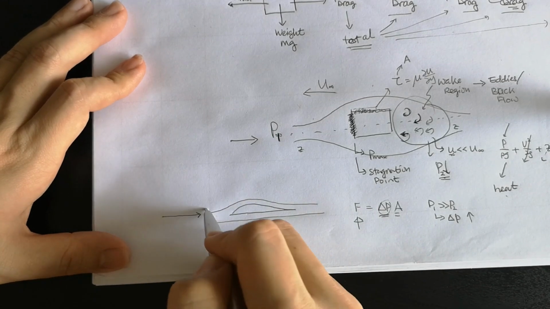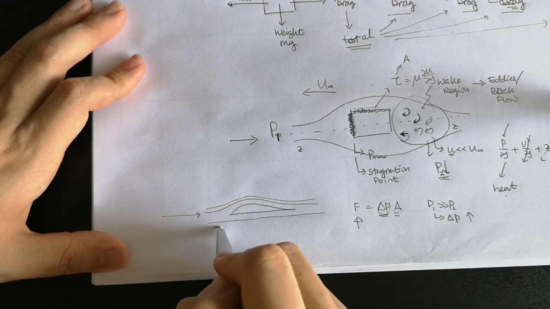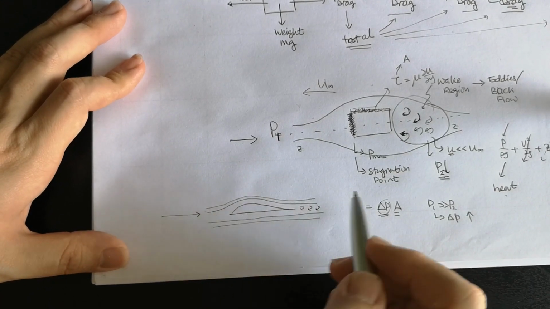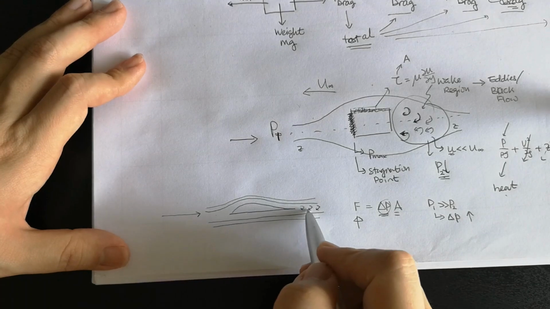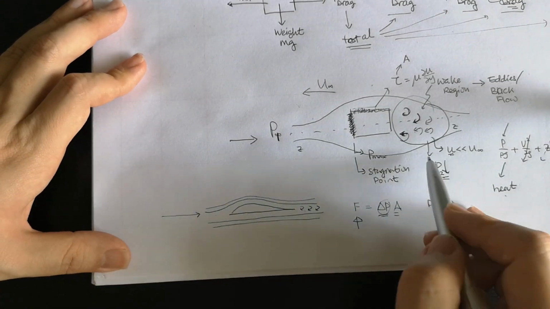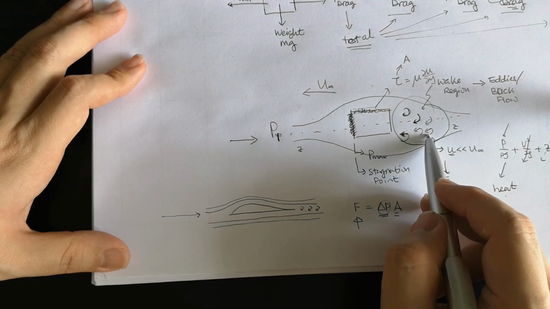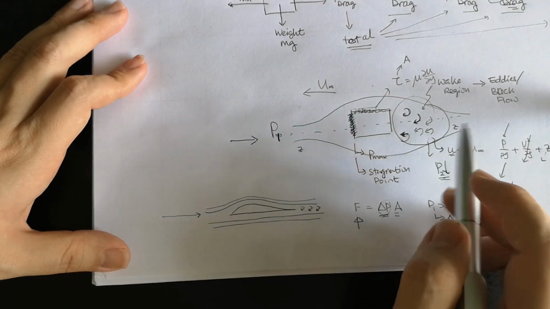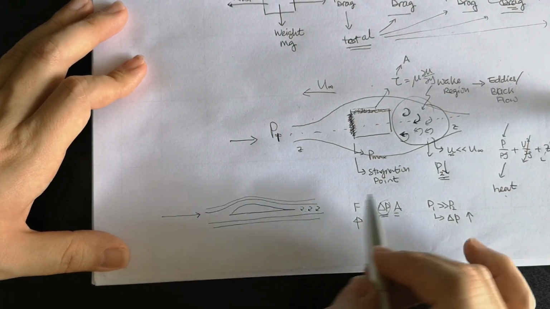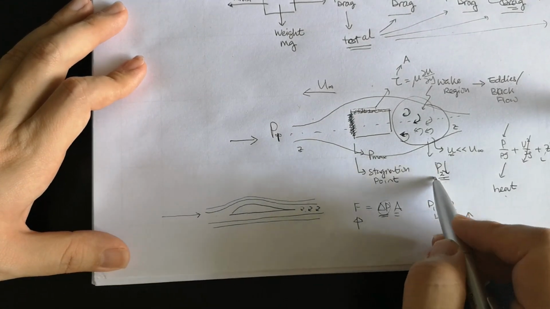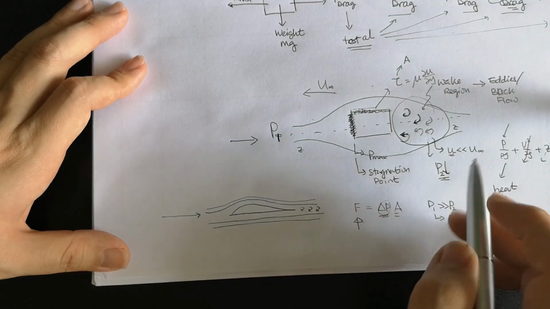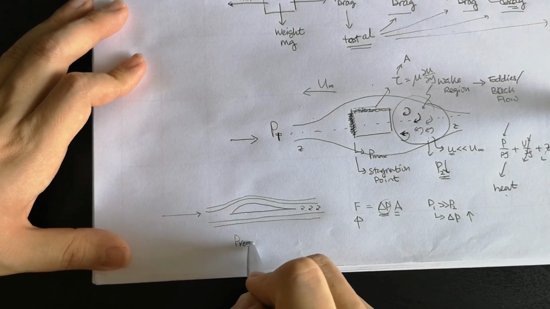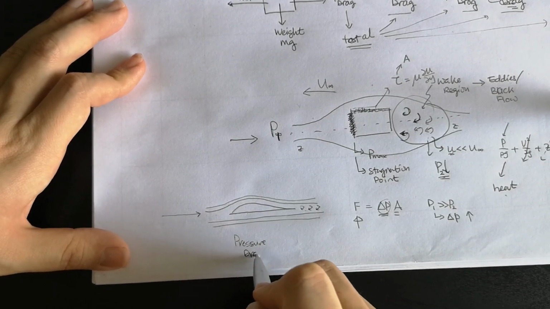In other words, for a thin object, usually the backflow region is very small. When the backflow region is small, the pressure drop in this backflow region is minimized. So when I have a thin object like this, the pressure drag usually is minimum.